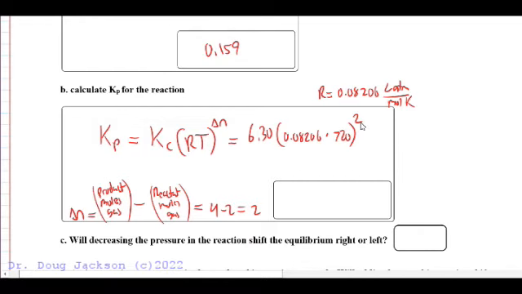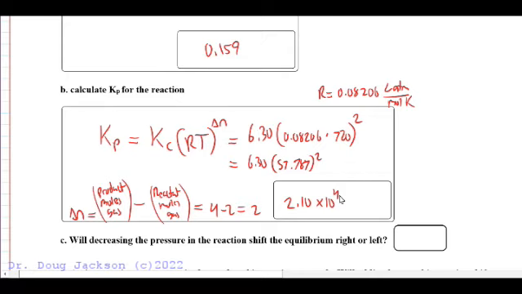Okay, so we end up getting 6.30 times, when we punch all that in, 57.787 squared, and then when we multiply it all out, we get 2.10 times 10 to the 4 for Kp.